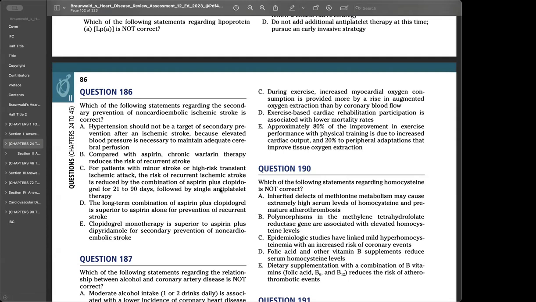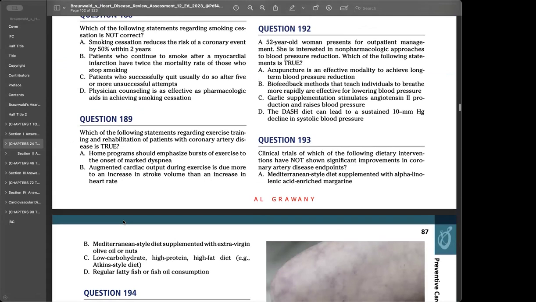Option B, sorry, Eugene, can't see B. Option B, augmented cardiac output during exercise is due more to an increase in stroke volume than an increase in heart rate. This is false.